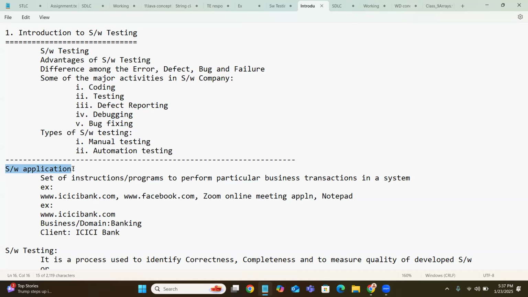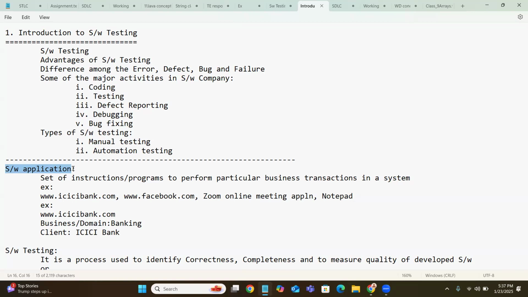So what are the different kinds of applications which you are going to see in general? ICICIbank.com, Facebook.com, the Zoom online meeting application which you are using, Notepad, calculator. If I take an example, ICICIbank.com, what business purpose does this application serve?